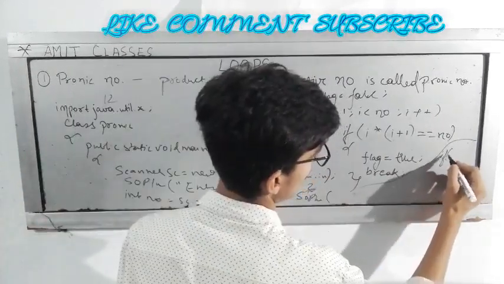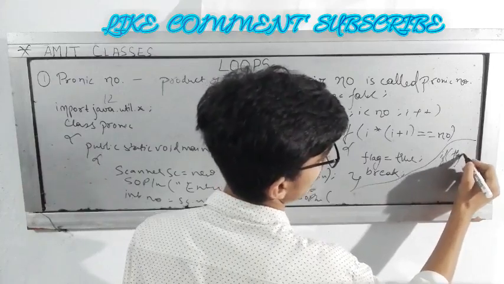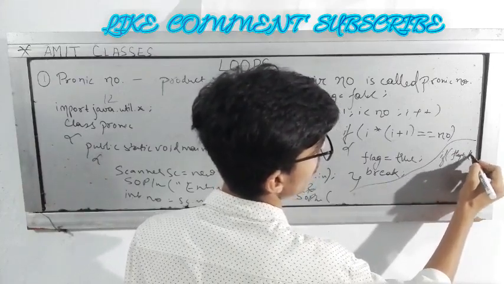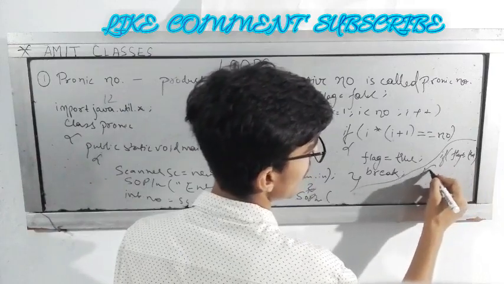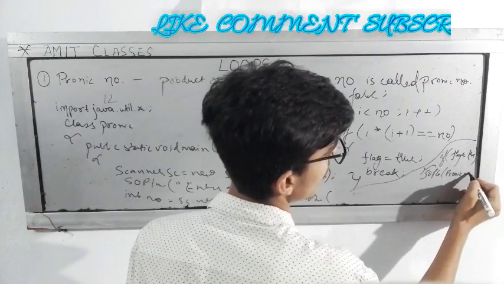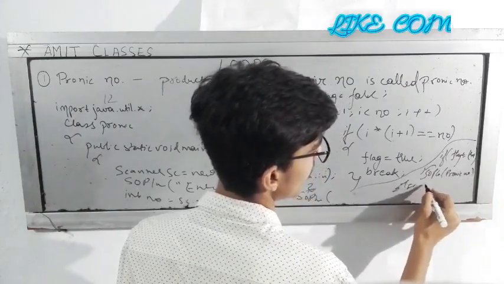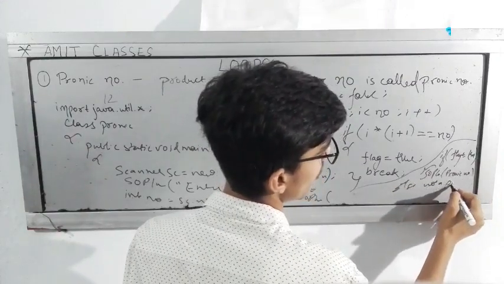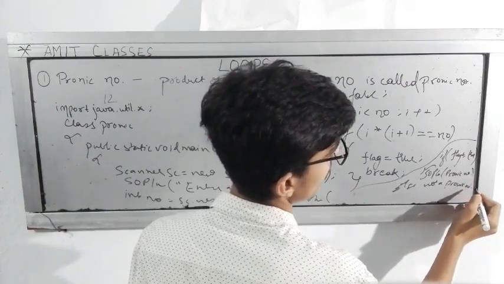If flag equal to true, then SOPLN Pronic number, else not a Pronic number.